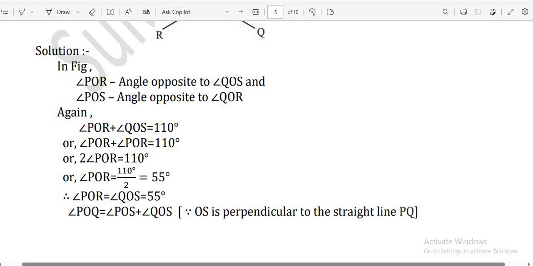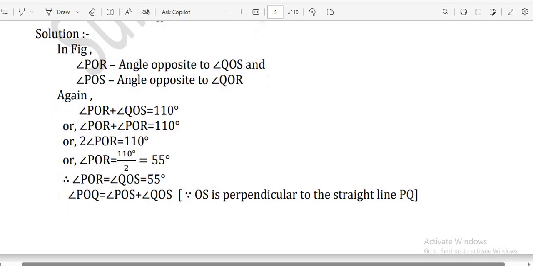Again, we know angle POQ is equal to angle POS plus angle QOS, and OS is perpendicular to the straight line PQ.